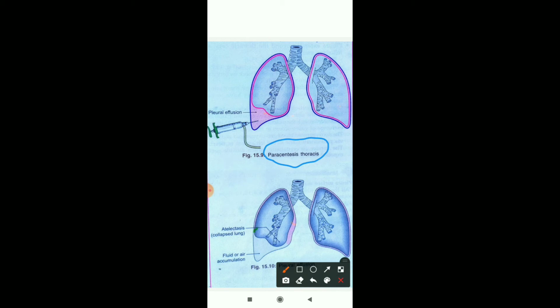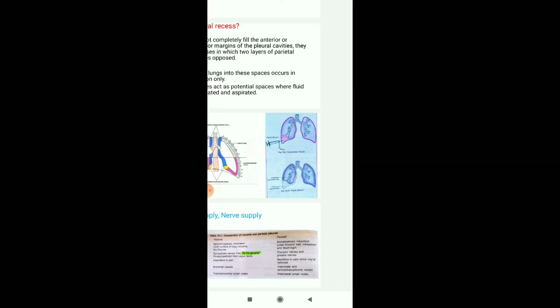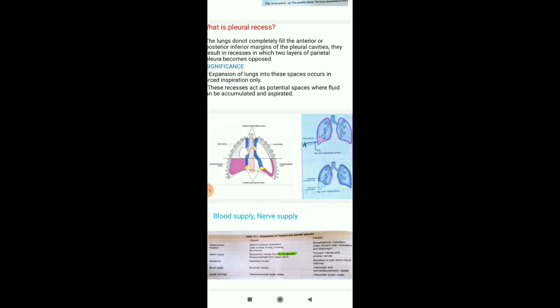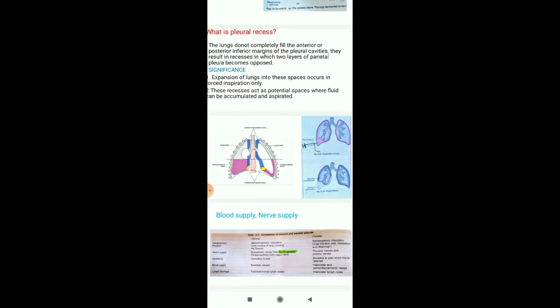Here we see that in the costodiaphragmatic recess, fluid is accumulated, and the aspiration of the fluid, known as paracentesis thoracis, mainly occurs from this recess. So this is one clinical significance. The second clinical significance is that the expansion of lungs into these spaces occurs only in forced inspiration.